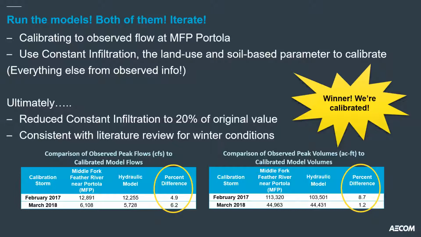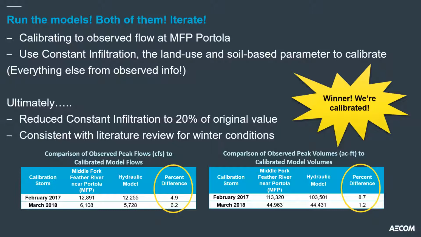That's actually consistent with literature for winter conditions. Of course, infiltration is less when there's snowpack because the snow absorbs water. Also notably, in this particular watershed, in consultation with cold region, something I should have said earlier, we don't have frozen ground. That's an important thing because that ties to constant infiltration, and frozen ground would actually lead to even less infiltration, but we were comfortable with that 20% of the original value.